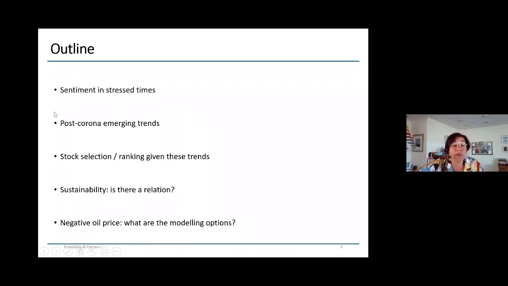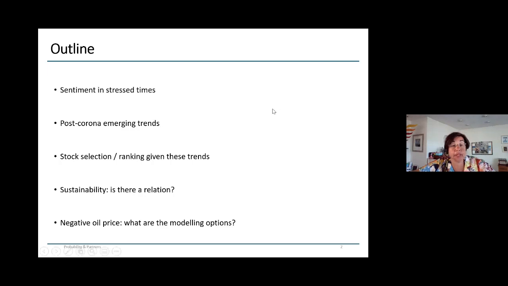Then I'm going to talk about these emerging trends that we see and that we are able to verify with the help of alternative data sources. And then I will proceed on how you can make use of those trends to select stocks that would hopefully immunize your portfolio in the post-corona world.